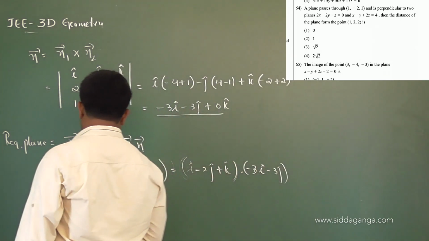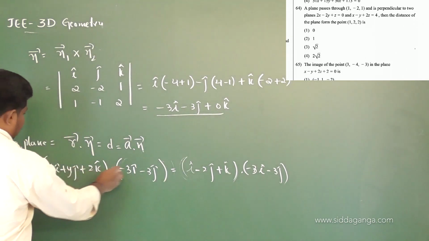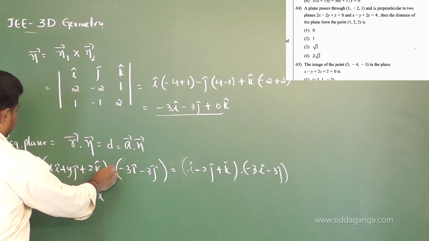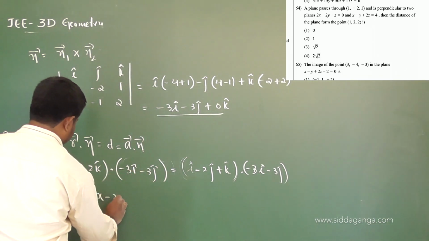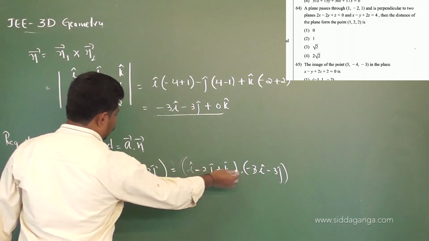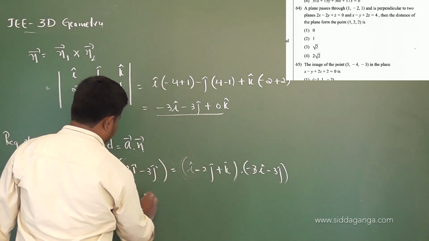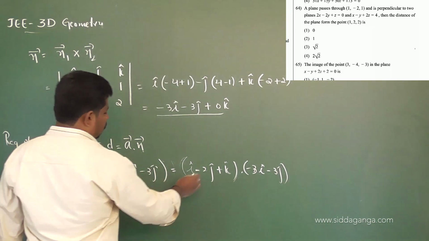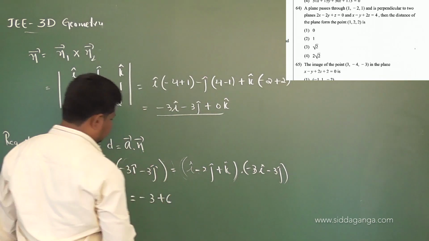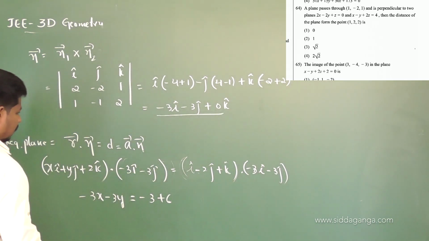So this gives the result. The dot product: minus 3x, minus 3y is equal to, on the right, minus 3 into 1 is minus 3, and minus 2 into minus 3 is plus 6.